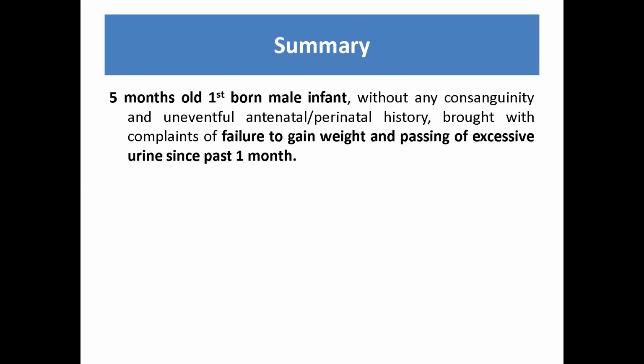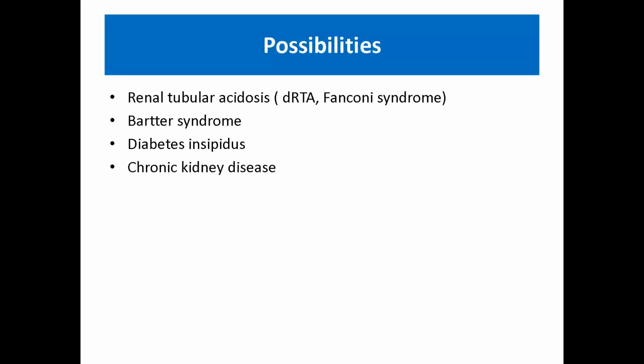So just to recapitulate, a 5-month-old firstborn male infant with no significant antenatal or perinatal history, chief complaints were failure to gain weight and passage of excessive urine. Keeping this history in mind, the differentials we thought of were renal tubular acidosis in view of increased frequency of micturition and failure to thrive, tubulopathies such as Bartter syndrome, and increased passage of urine due to diabetes insipidus per se.